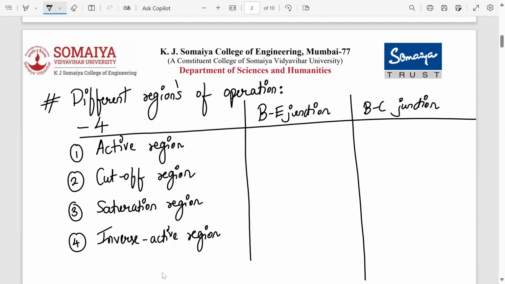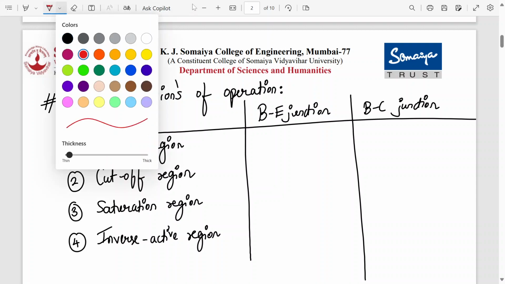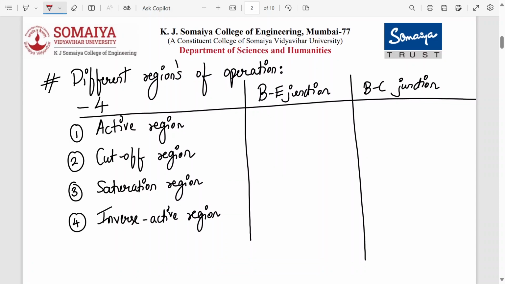FB stands for forward bias and RB means reverse bias, just for your notice. When the base emitter junction in the active region should be forward bias, the base collector should be reverse bias.